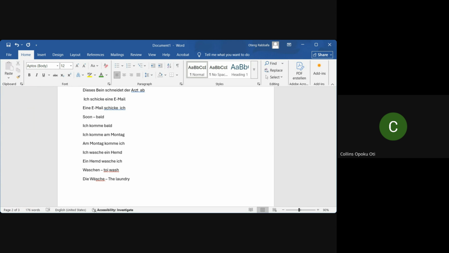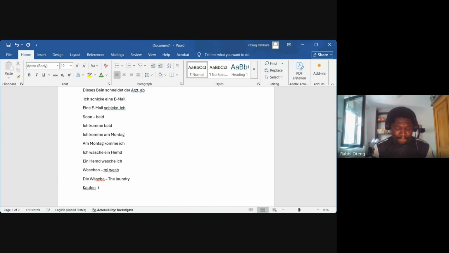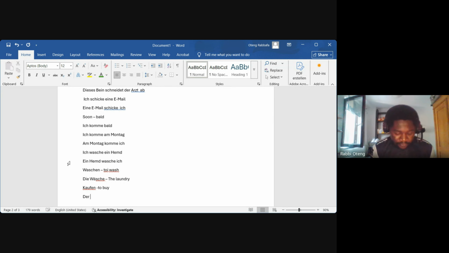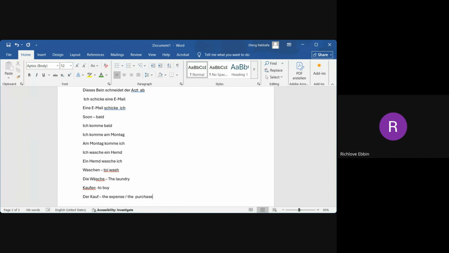Give me any noun and try any verb. Calving, to buy. So kaufen, to buy, and the noun is the expense. And I said the purchase, and you say the expenditure.